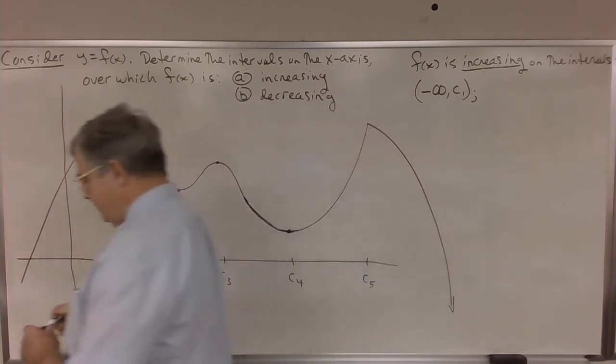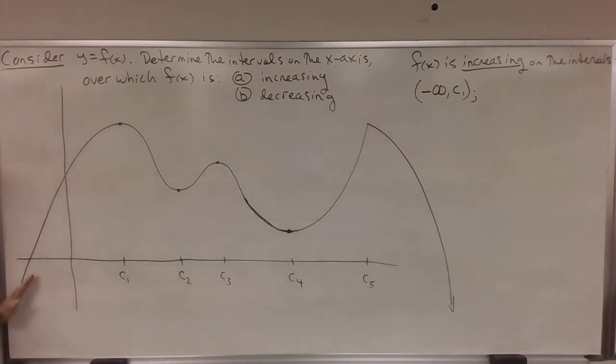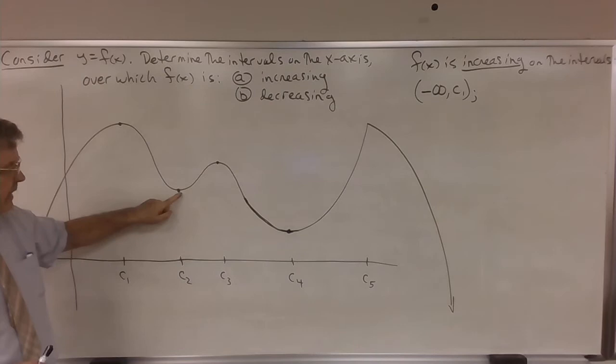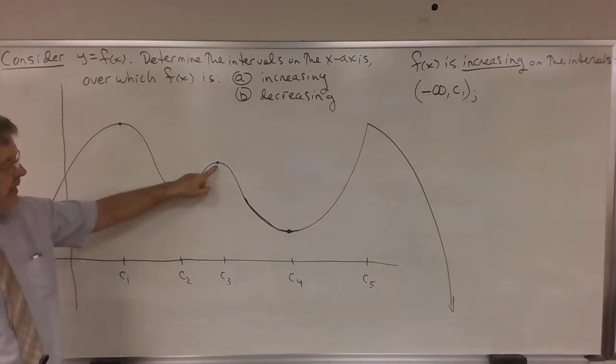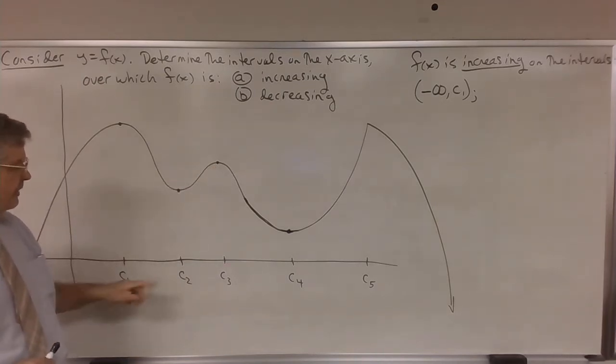And let's see. Yep, it's increasing, it's going uphill until it gets right about here. So until we reach C1 on the x-axis, this function's increasing. Now it seems like starting here and going to here, the function's increasing.